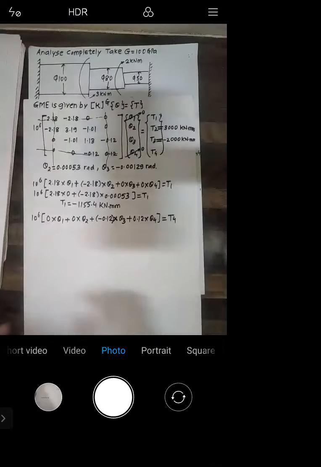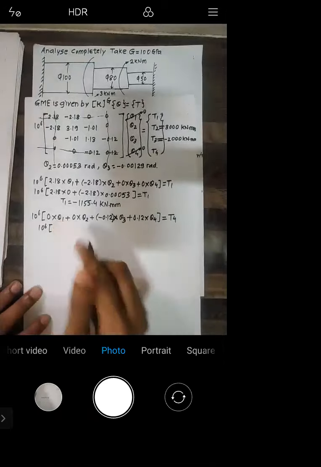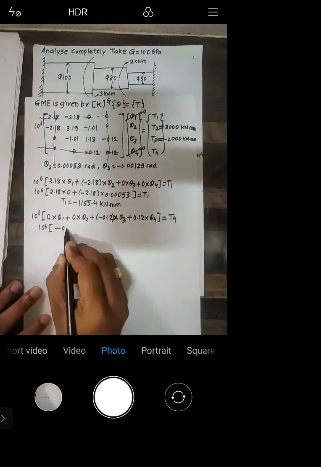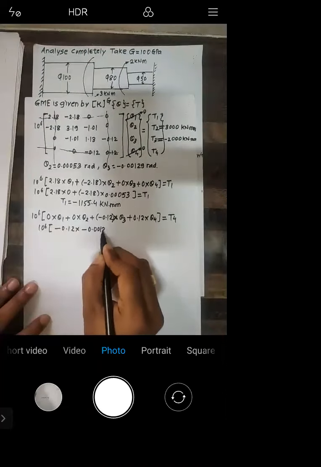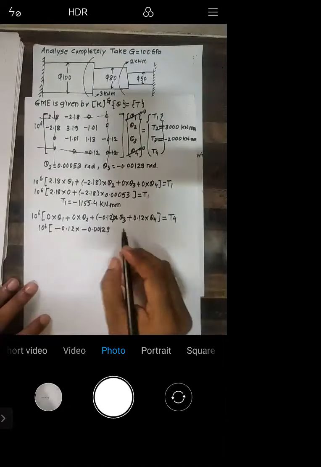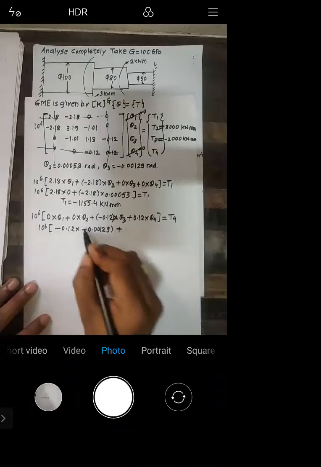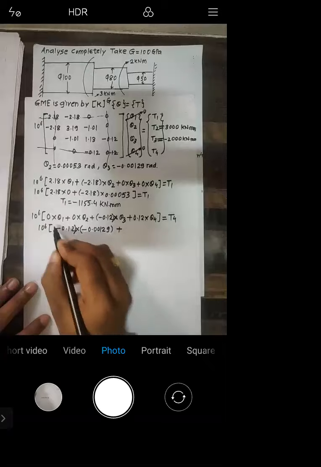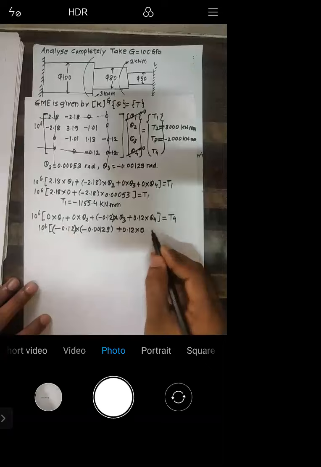Okay, so just put this value, 10 raised to power 6. This is 0, this is 0. This is minus 0.12 into theta 3, which is minus 0.00129, plus 0.12 into theta 4, which is 0, is equal to T4, right?